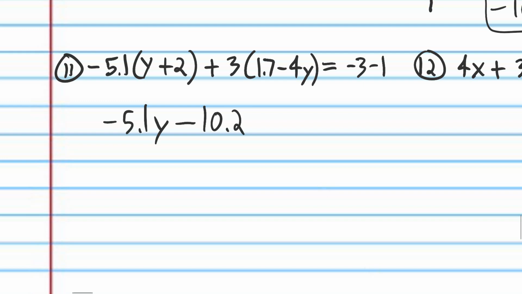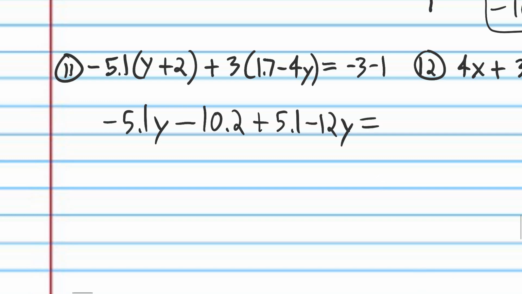And now 3 times 1.7, that would be 5.1. And 3 times -4y is -12y.